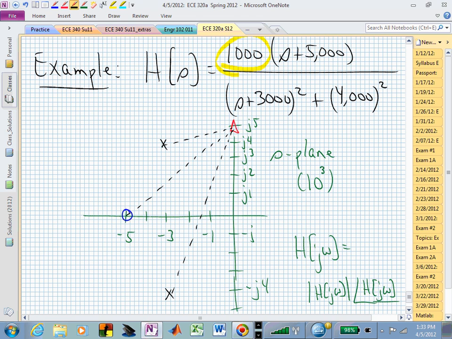And that distance we would actually have to walk from the top x, from the bottom x, and from the minus 5, 0, that distance is associated with each of these factors in our transfer function. And the angle, if I now go over here and stand at minus 3,000 plus j4,000, I'm going to have to rotate a little bit to see the j5.